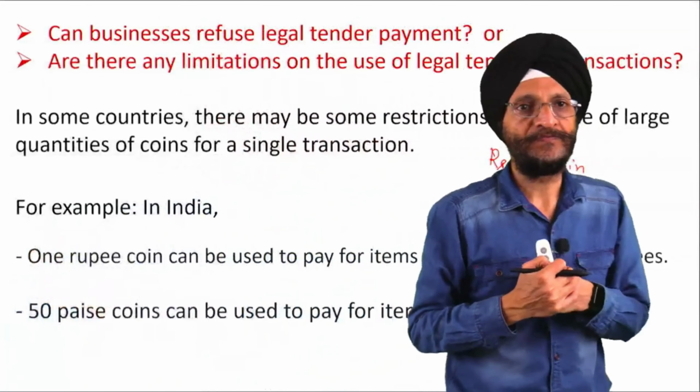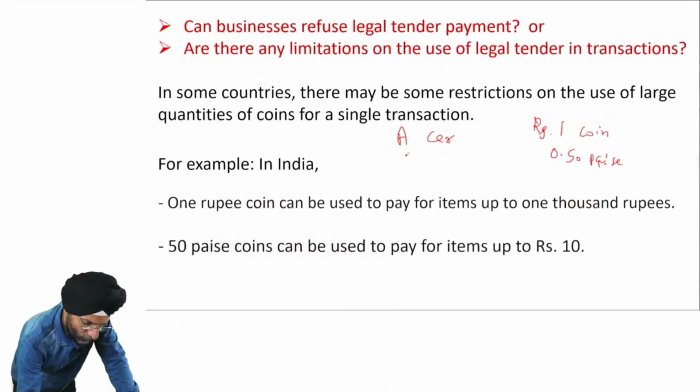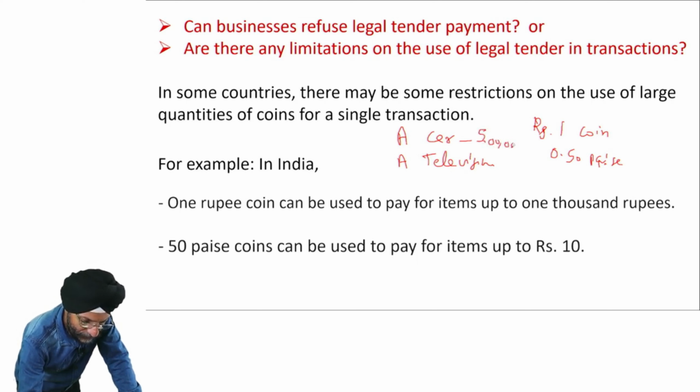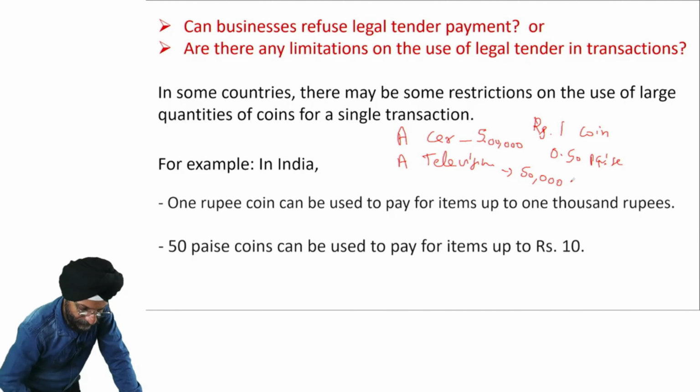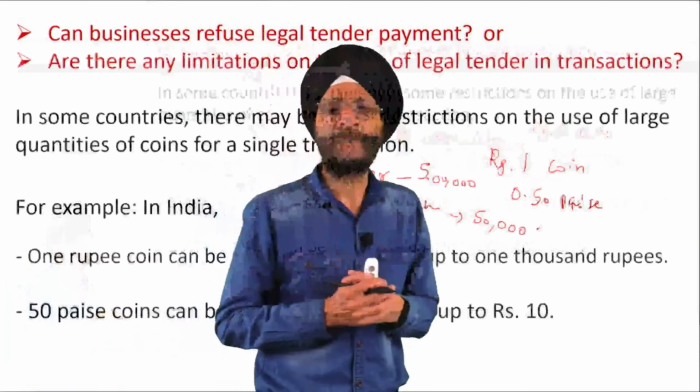So suppose I want to purchase a car or I want to purchase a television. Suppose the cost of a car is, say, 5 lakh rupees, or the cost of a television is, say, 50,000 rupees.